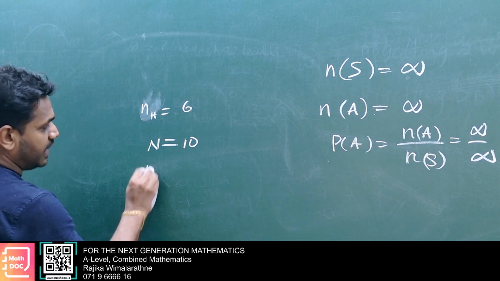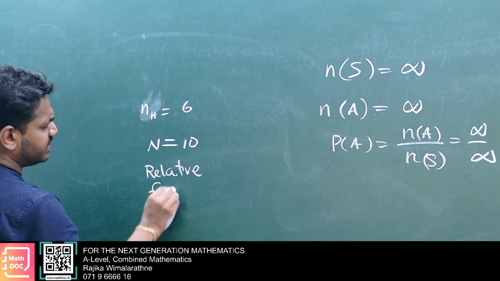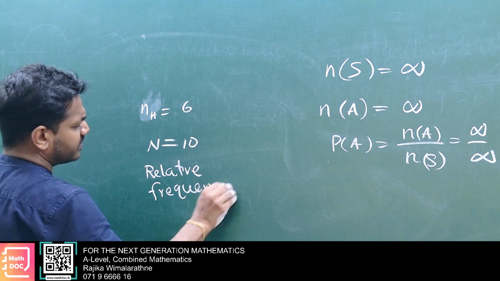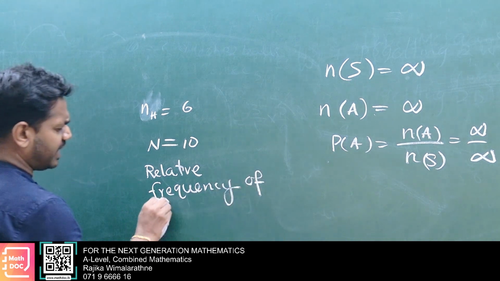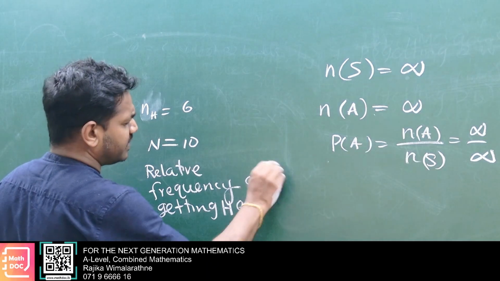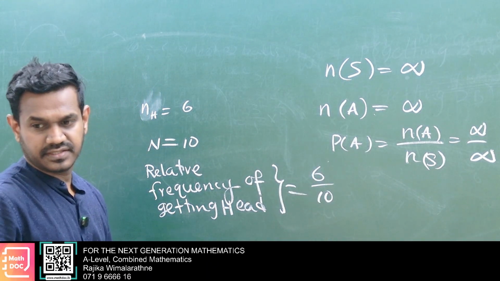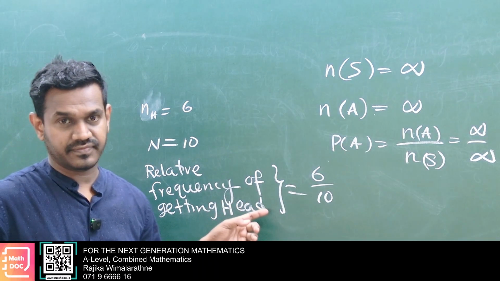Then the relative frequency of getting head we call 6 divided by 10. This is what we call relative frequency.